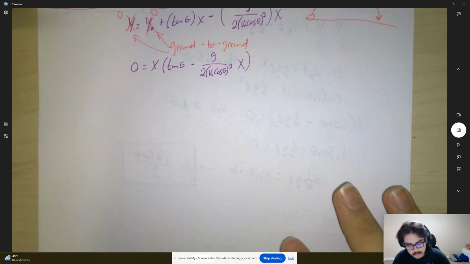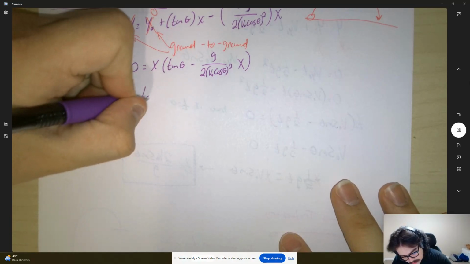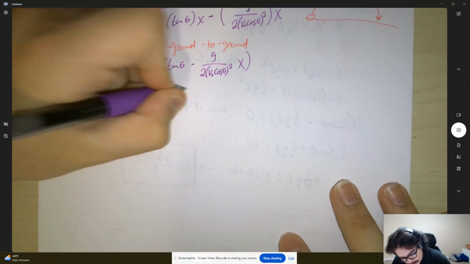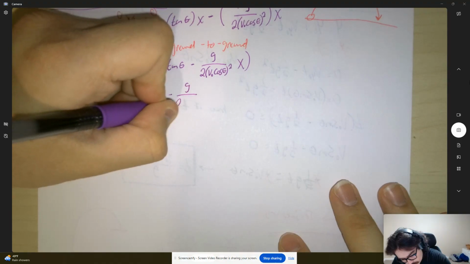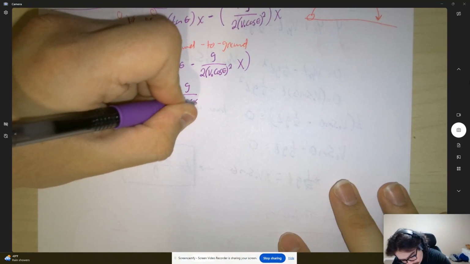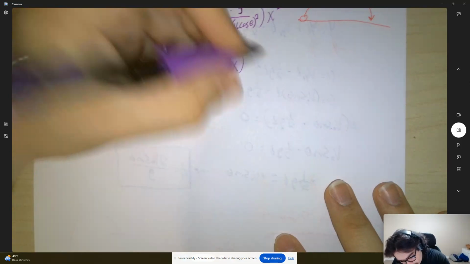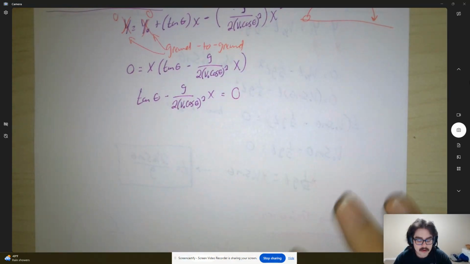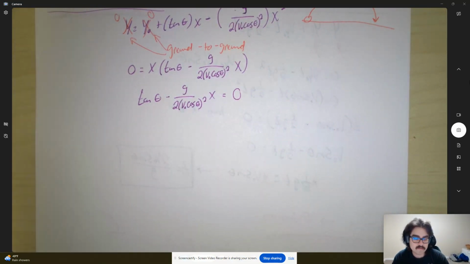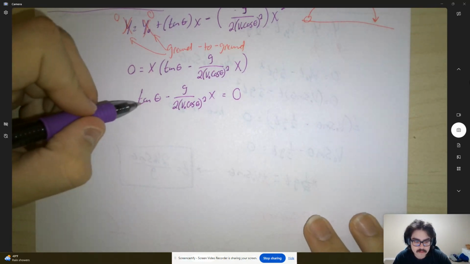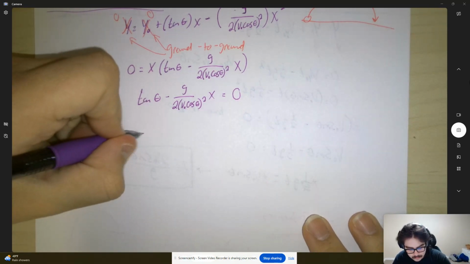So I'm just going to take what's inside the parentheses, tangent theta minus g over 2 v naught cosine theta squared times x, and set that equal to 0. I need to get x by itself because that's going to give me my range. The first thing I'm going to do is subtract tangent theta on both sides.